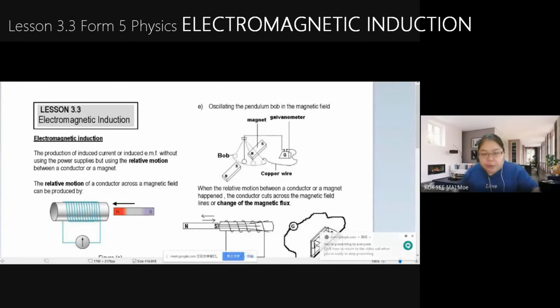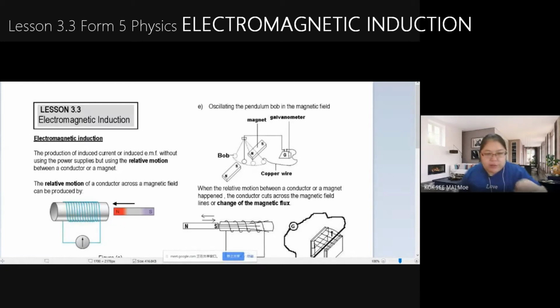After that, they produce a current. This is electromagnetic induction: you use the motion to provide the current. The whole situation has no battery and no power supply. You can see just a galvanometer. Why do we put a galvanometer? Because the galvanometer can prove whether there is current or no current.